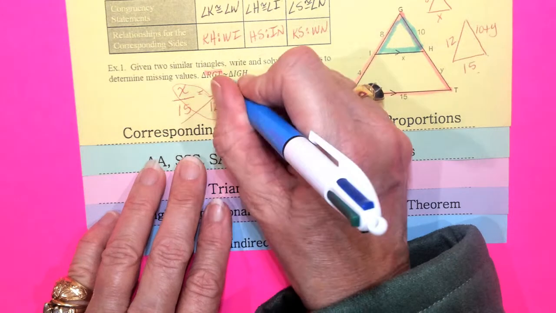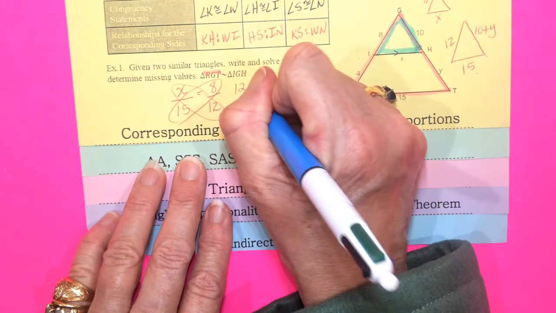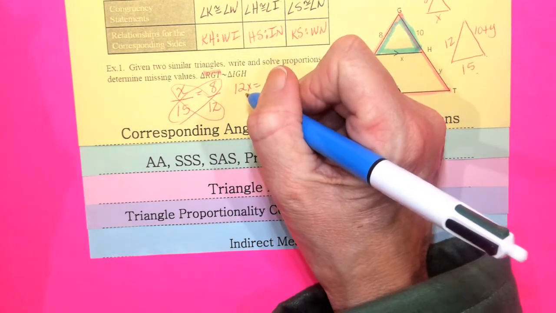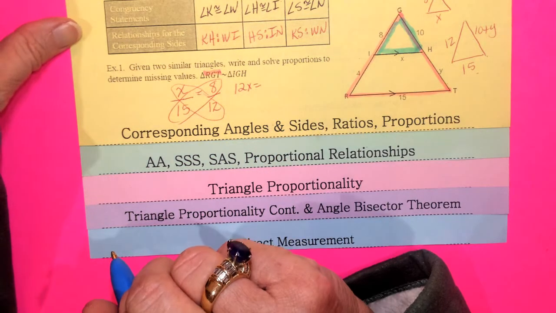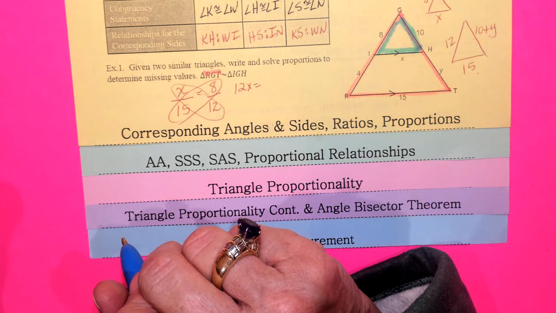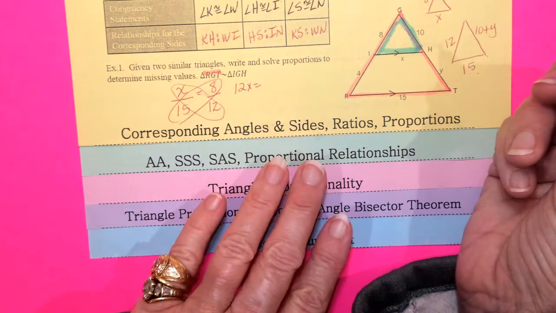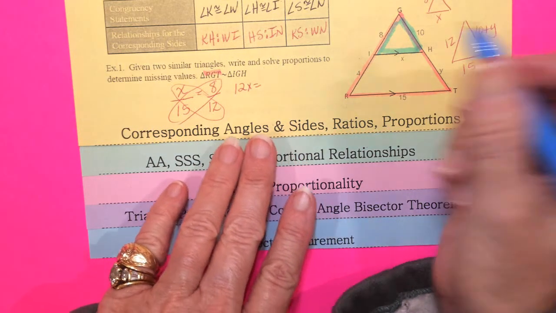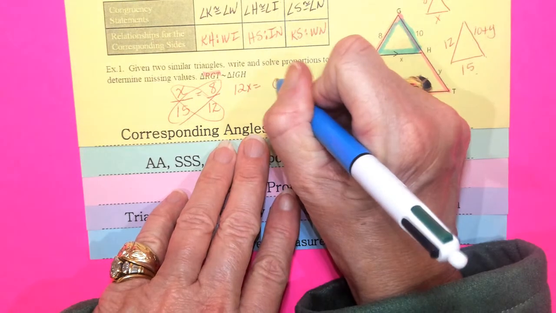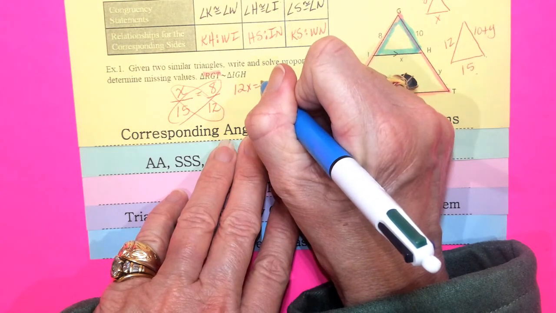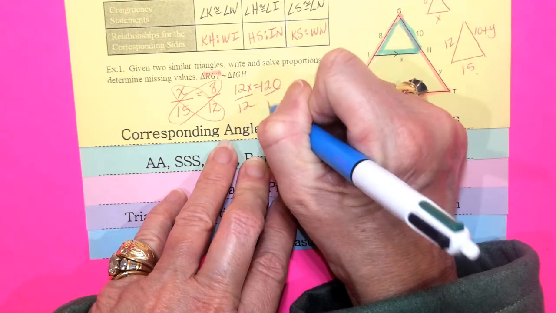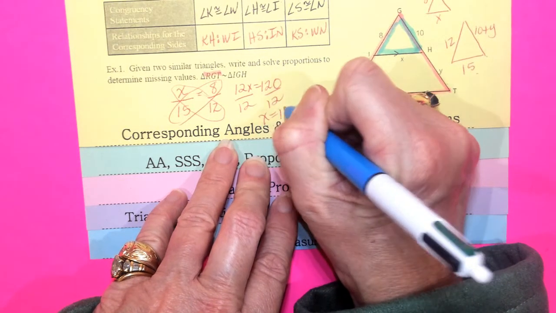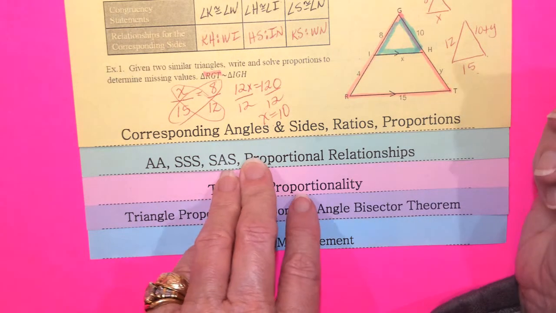When you cross multiply, you'll have 12x equals 120. Divide both sides by 12. X equals 10. See if there's anything else.